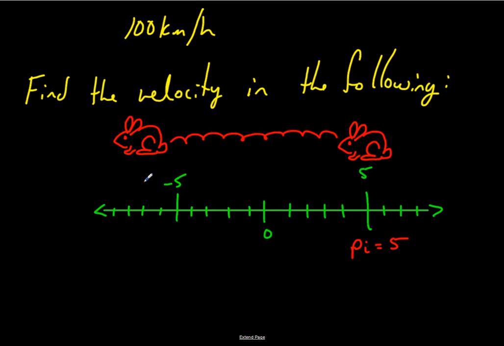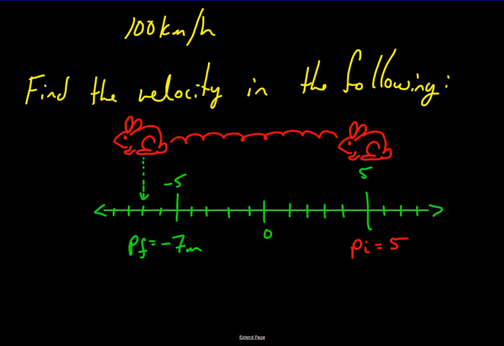Okay, so now this bunny is over here. What did I say? Negative 8? Negative 7. So the final position is negative 7 meters. So far, so good. Is this a negative or a positive displacement? It's a negative displacement. Excellent. Now the next thing we need to know is how much time this took.